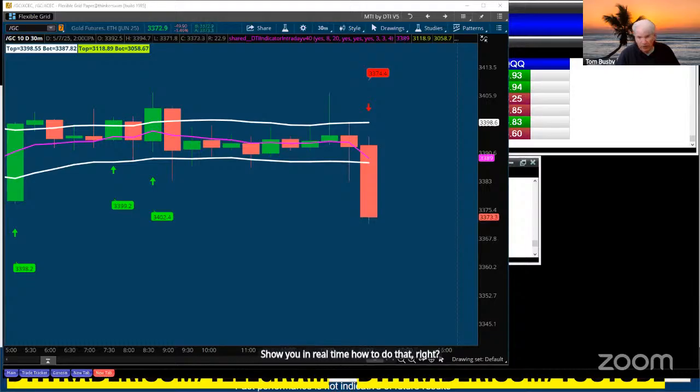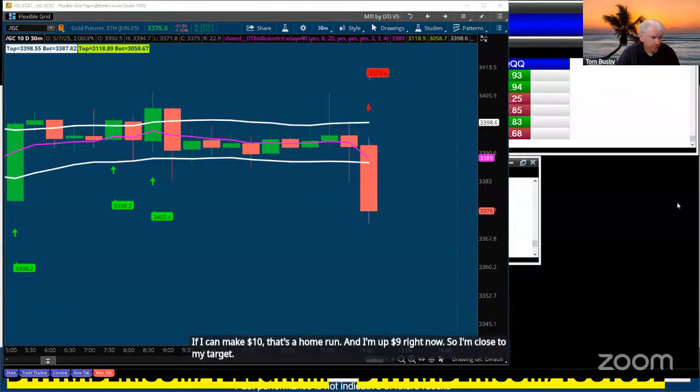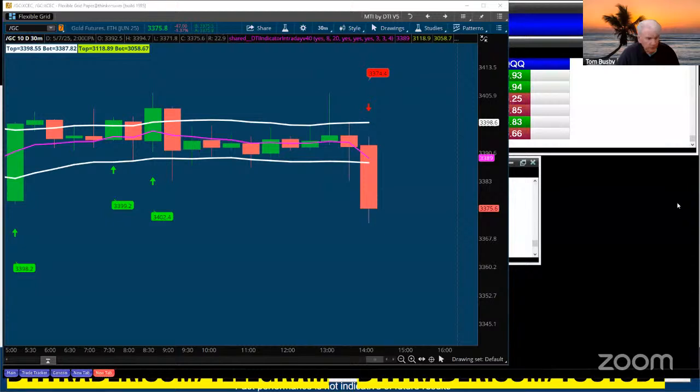All right, so I'm gonna ask where my target is. My target on gold, usually when I trade this late in the day, if I can make $10, that's a home run, and I'm up $9 right now, so I'm close to my target. But did you see how that worked?